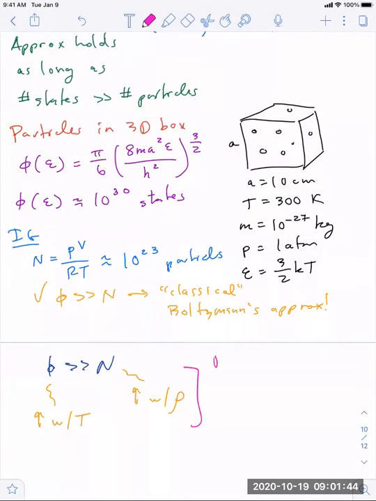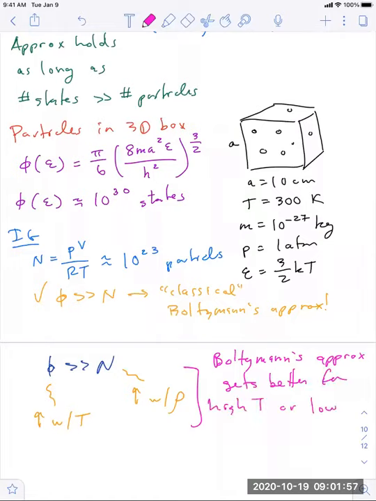And so Boltzmann gets better for high temperature or low density. Whereas if we're at the opposite of these regimes, then we can no longer make the assumption that every particle is in its own state, and then we're in more of a quantum regime, which I'll get into, I think, by the end of this lecture.